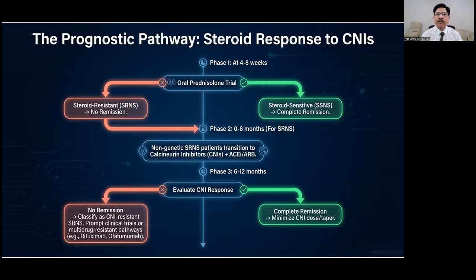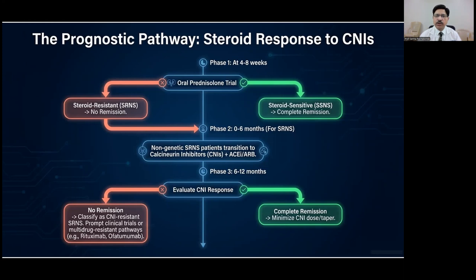What will happen? Phase 1, 4 to 8 weeks: I have given oral prednisolone. Green side is steroid sensitive, complete remission. The red side is steroid resistant, no remission. Then come to 6 months, 0 to 6 months, that is phase 2. The patient has come up to 6 months, steroid resistant nephrotic syndrome. Then in non-genetic SRNS, patients transition to calcineurin inhibitors plus ACE inhibitor or ARB.